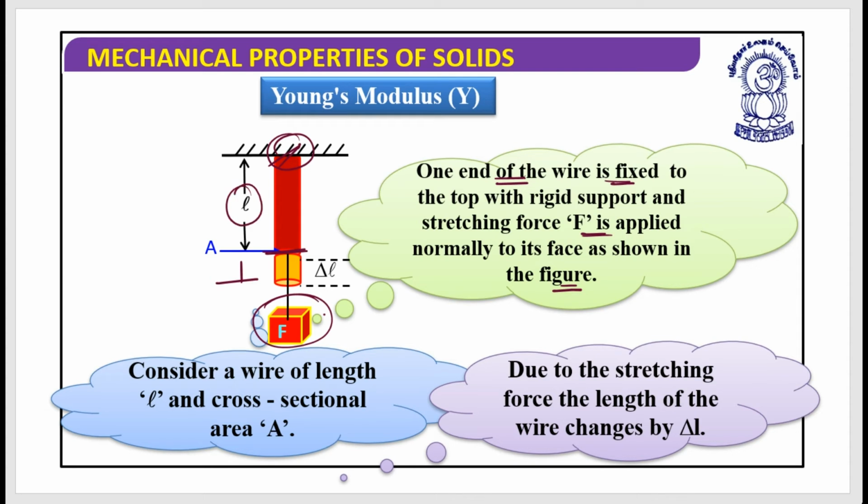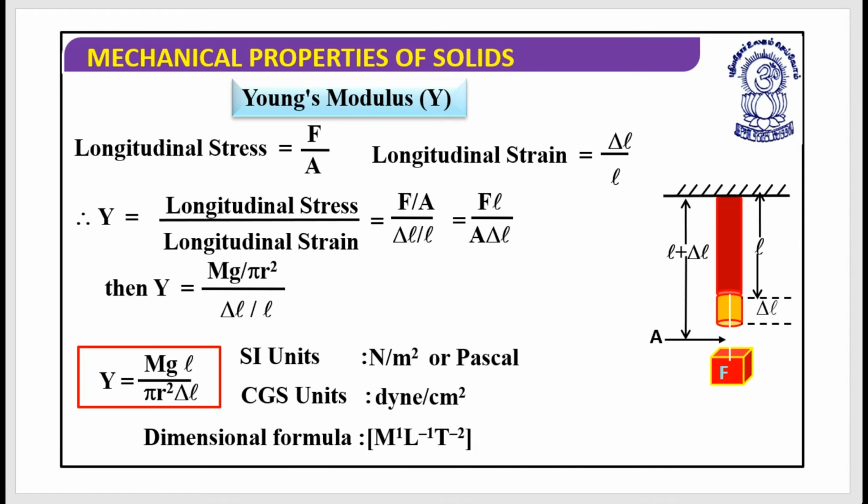The length of the wire is L, and the cross-sectional area of this wire is A. When I apply this force, due to the stretching force, the length of the wire, initially L, becomes L plus delta L. So there is a change in the length of the wire, and this change is delta L.